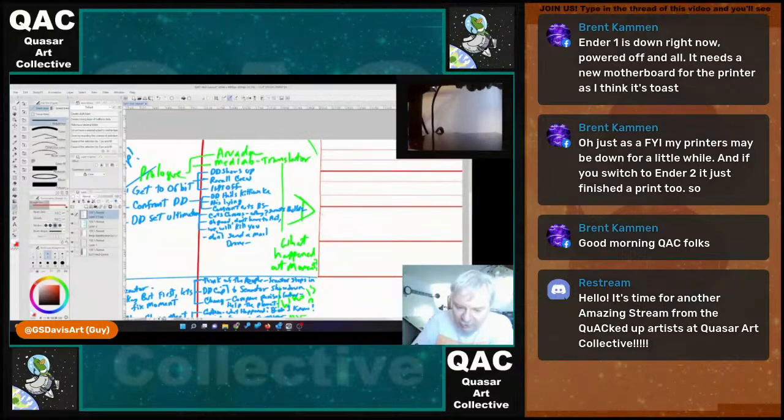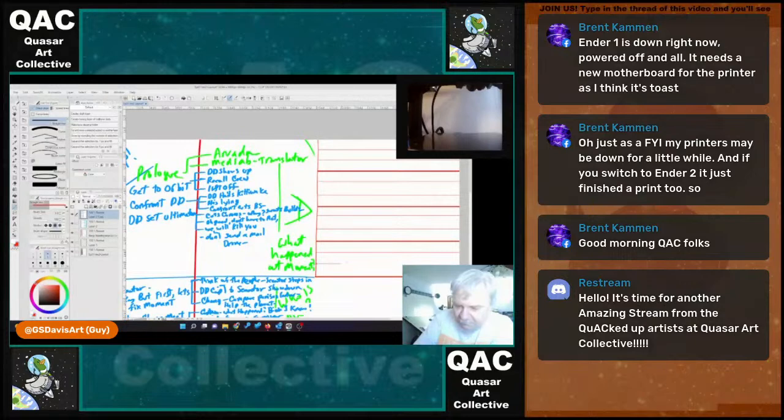Oh no, you blew out your motherboard? Is Ender 2 printing still? I don't even know if we're on Ender 1 or Ender 2 over there. I don't know who we're on.